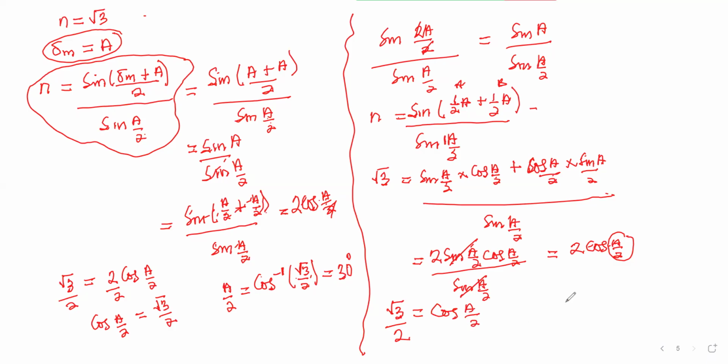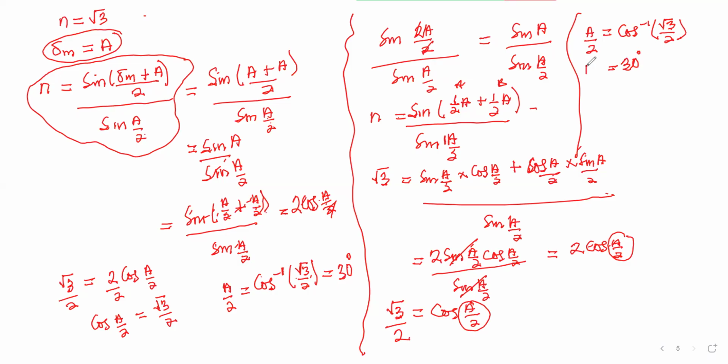Take the cos inverse. When you find the cos inverse, it means you are looking for the angle. And so the angle A over 2 is equal to the cos inverse of root 3 over 2, and that is 30 degrees.